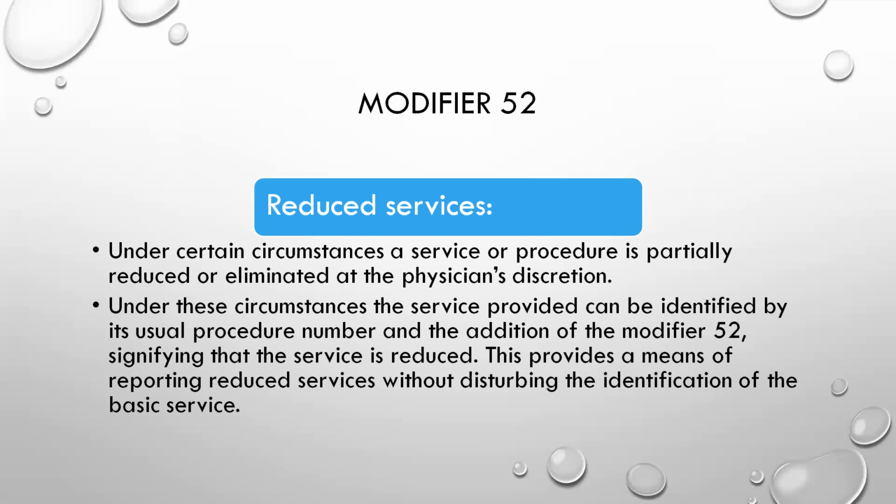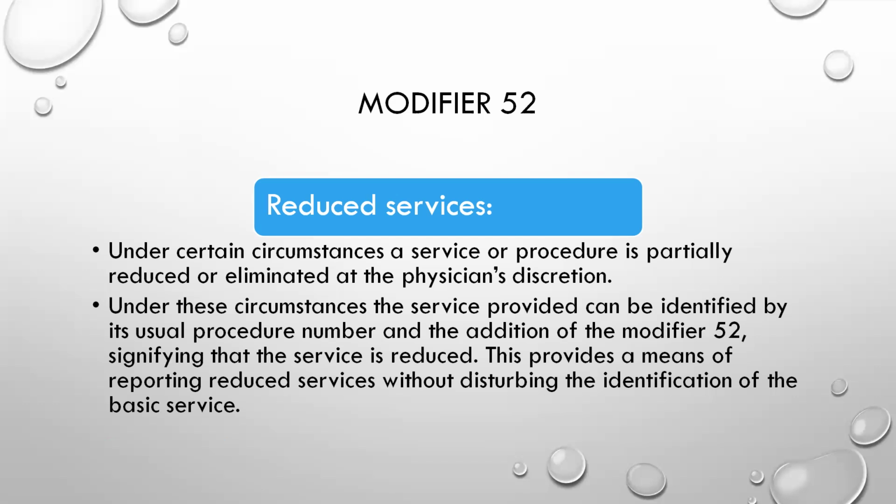And my example to this would be if the provider gets in there and they can't cross over to complete a PCI. If, say, there's a CTO, which is not very common, but you do see it in the cardiology world, where a vessel is completely occluded and they make multiple attempts to cross and they can't get the wire to cross through.